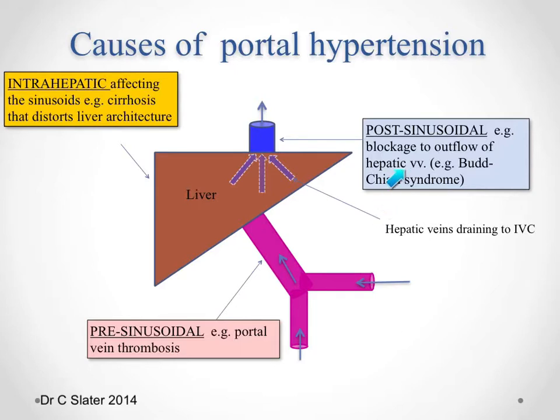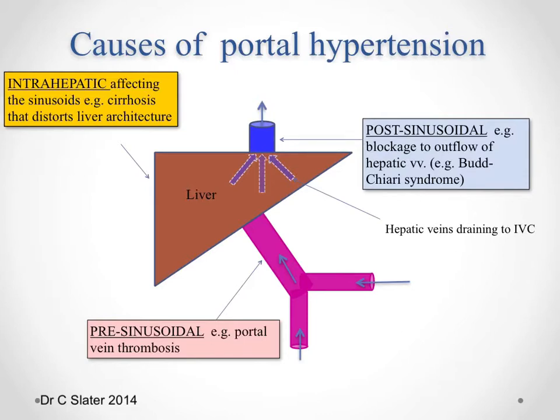And then a third type can occur after the liver. In this case, it's referred to as post-sinusoidal, a syndrome known as the Budd-Chiari syndrome, in which there is an obstruction of blood flow in the hepatic veins draining into the inferior vena cava, results again in increased pressure within the liver, which gets transmitted back into the portal system, again giving rise to portal hypertension.